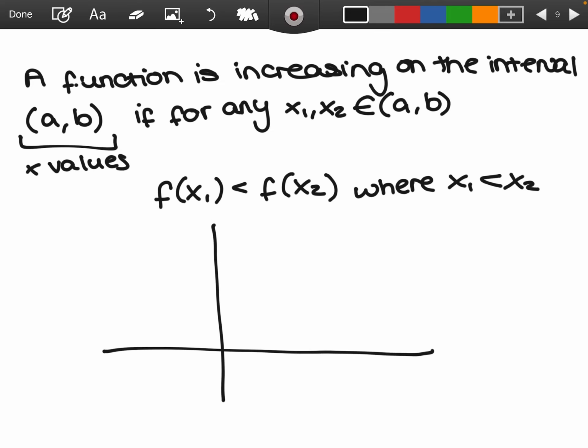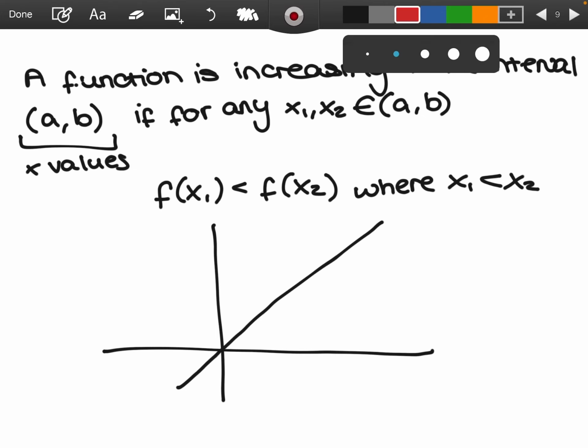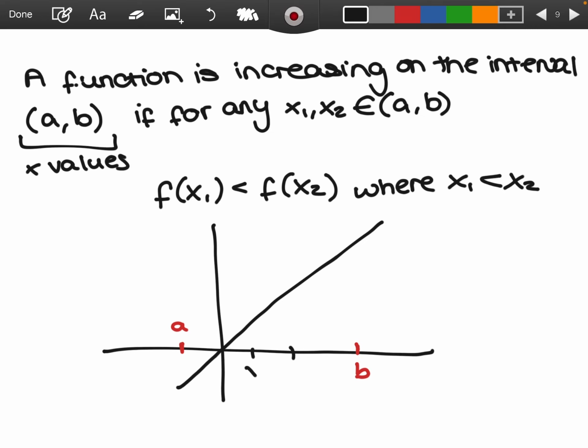Kind of makes sense. You can just do this with a straight line graph, like this. Then take your open interval, let's say to be A and B. I can pick any x1 and x2 in here, where x1 is less than x2, that's obvious from our x-axis. They both land in my interval, but x1 is less than x2.